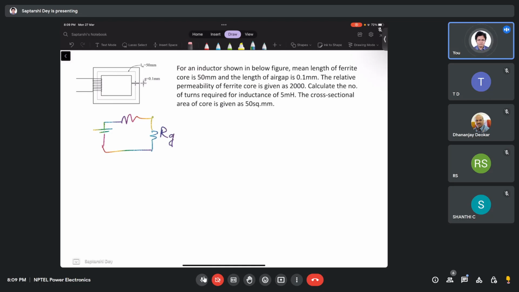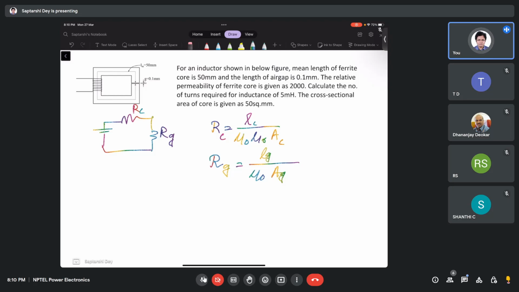We have reluctance of the gap and reluctance of the core. Reluctance of the core is given by L by mu naught mu r times area, which is 50 millimeter squared, whatever value you can put. This is reluctance of the core, and reluctance of the gap is Lg by mu naught Ag.